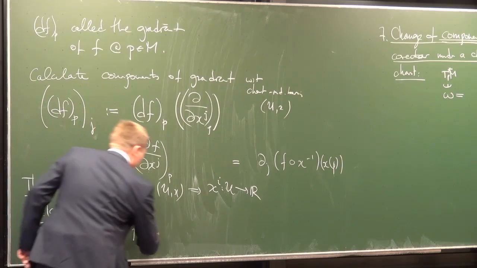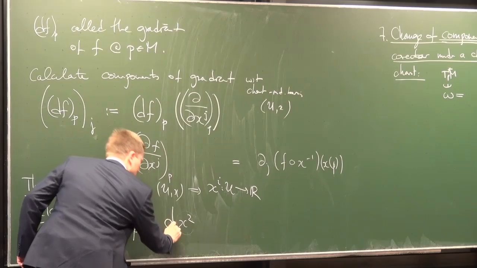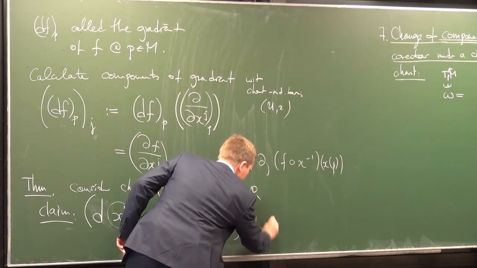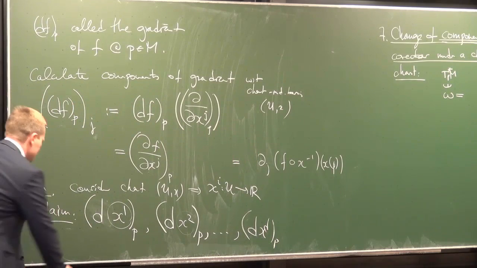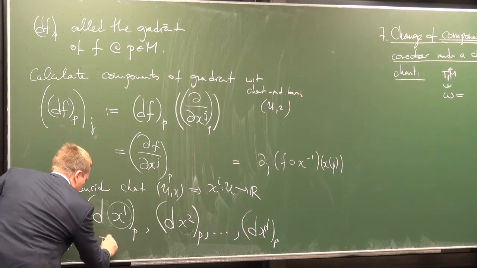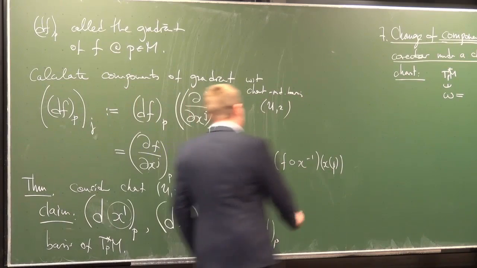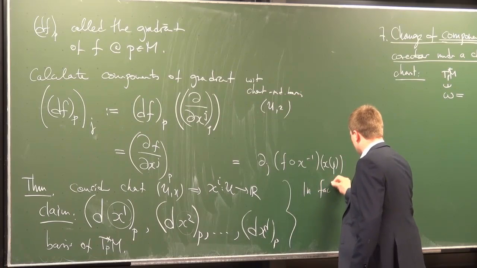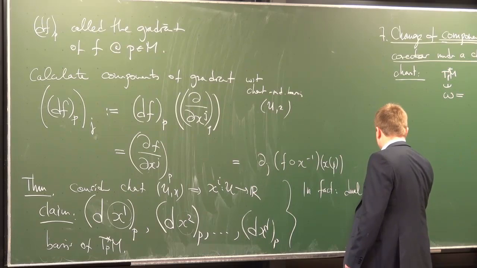And then you take the next coordinate function, you apply the d, you evaluate at the point p, and so on up to the dth coordinate function, you evaluate at the point p. And the claim is this is a basis of T_p^* M. And in fact, it's the dual basis.